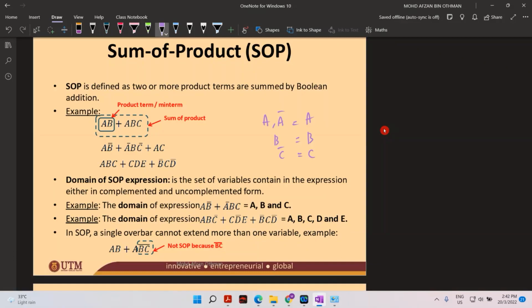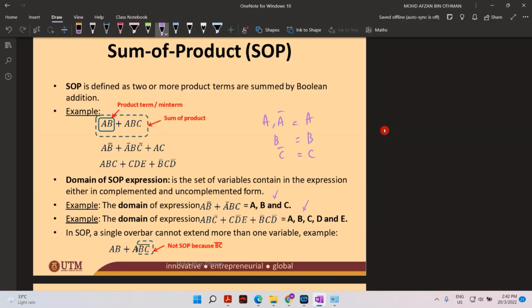Okay, so this domain is important in order to determine how many inputs you need to put in your truth table. Later on, when we do the standard SOP or POS, we need to look at this domain here, which is missing and which is not missing. Okay, later we will see more details on this slide.